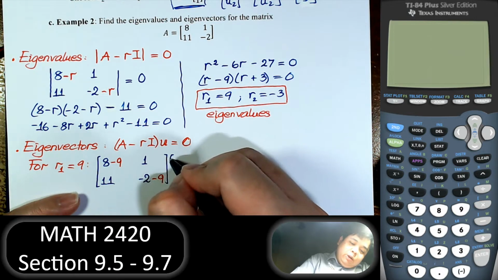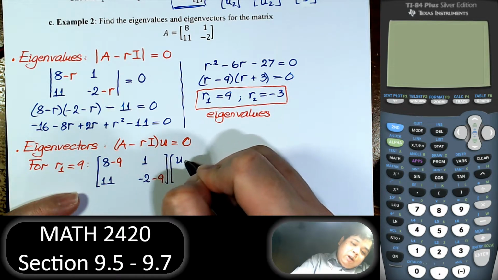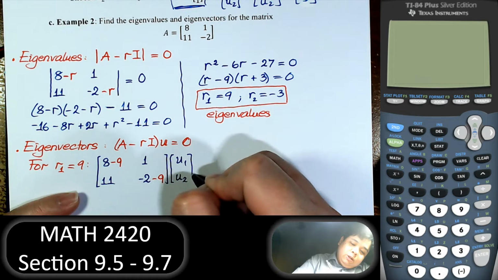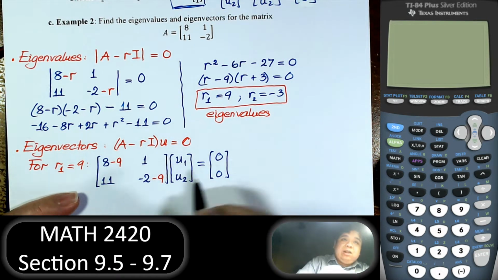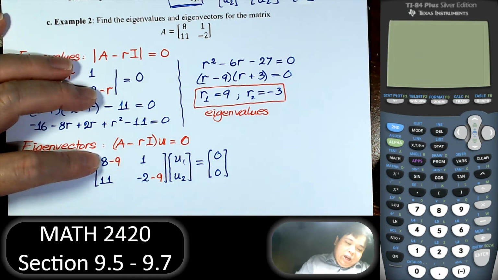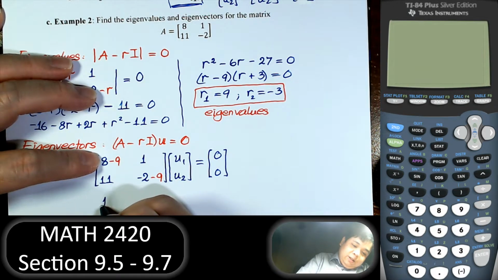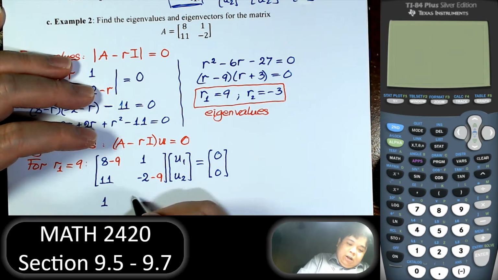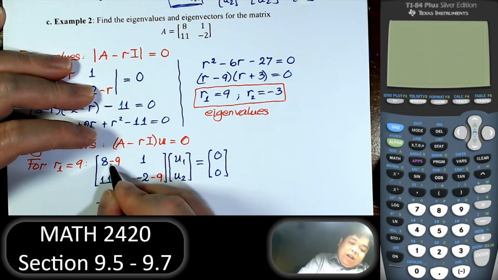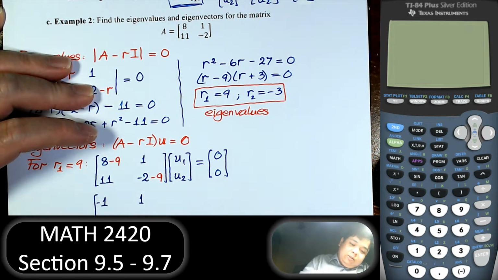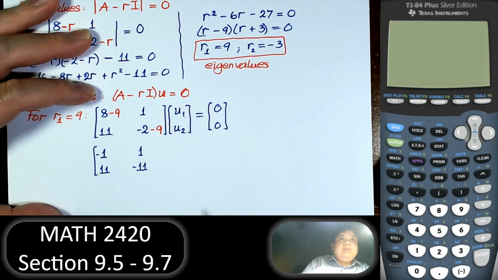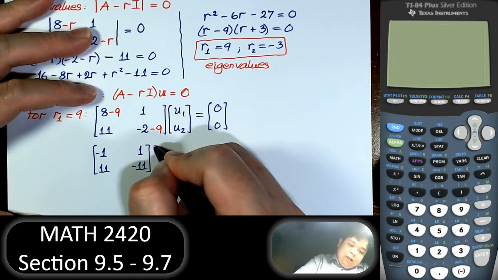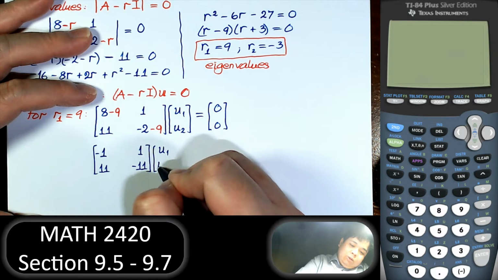And then with u being 2 by 1, we have u1, u2 equal to 0, 0, right? Now simplify this, what do we have? Negative 1, 1, 11, negative 11, and u1, u2.